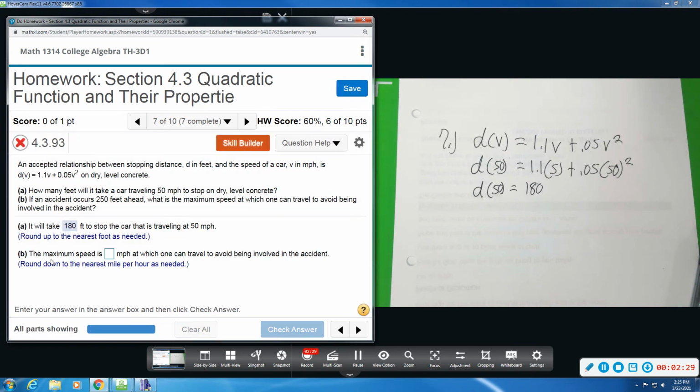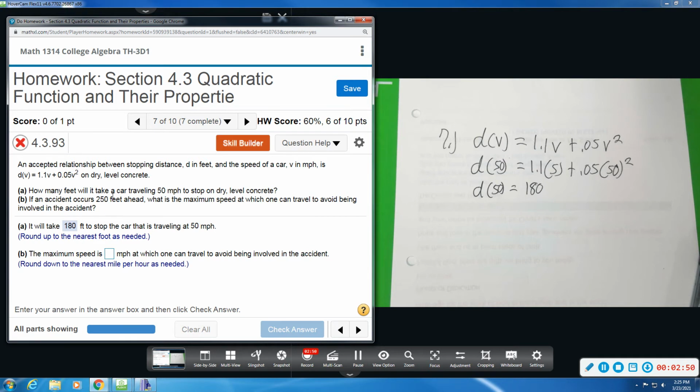Okay. Part B says if an accident occurs 250 feet ahead, what is the maximum speed that you can travel to avoid being involved in the accident? So same scenario, now we have an accident 250 feet ahead of us.